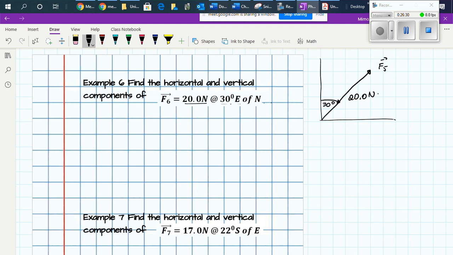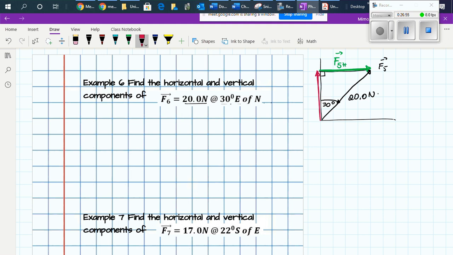Let's create the right angle triangle that includes the given angle. So it will be this one here. Whatever is on the horizontal will be the horizontal component. So this will be F6 horizontal, and whatever is on the vertical will be the vertical component.